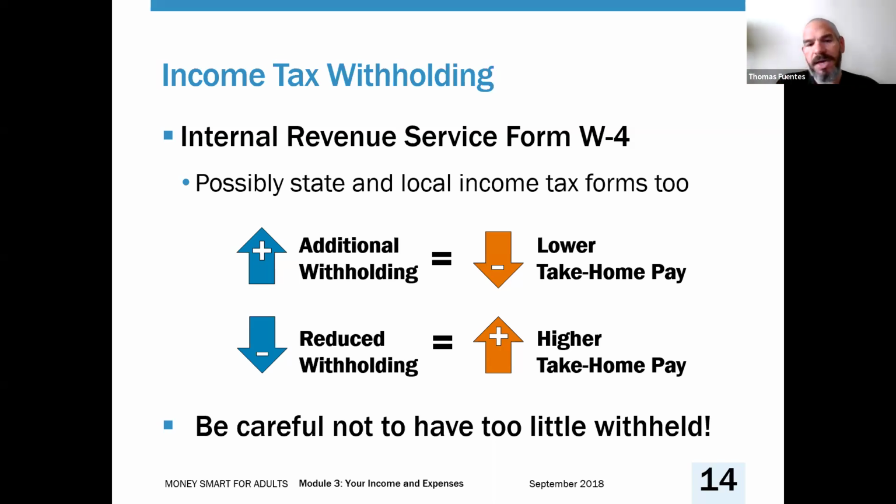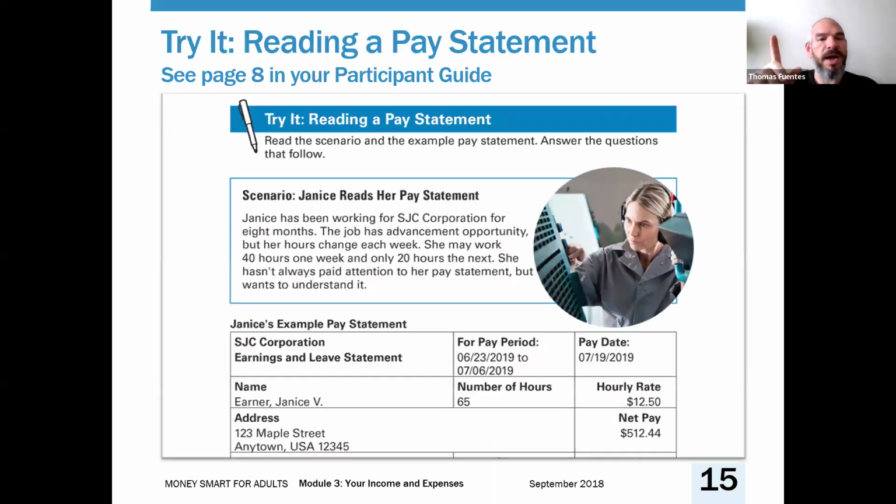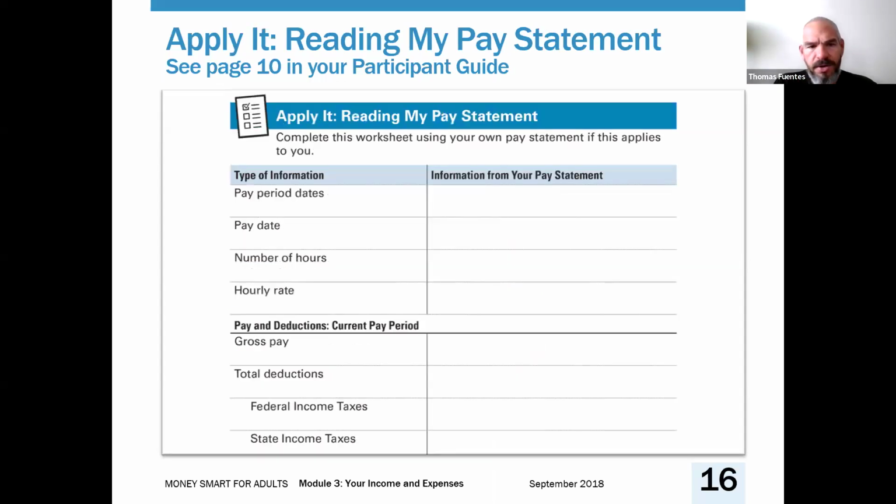Going back to the pay statement, in the participant guide, there's going to be a section where we have this situation with Janice. And in this scenario, you're going to go through her pay stub to better understand what a pay statement looks like. I don't believe we have it here. No, we don't have it specifically here. But in the participant guide, you're going to see an example pay statement. And in that example pay statement, you're going to see all those items that we indicated 2 slides back.